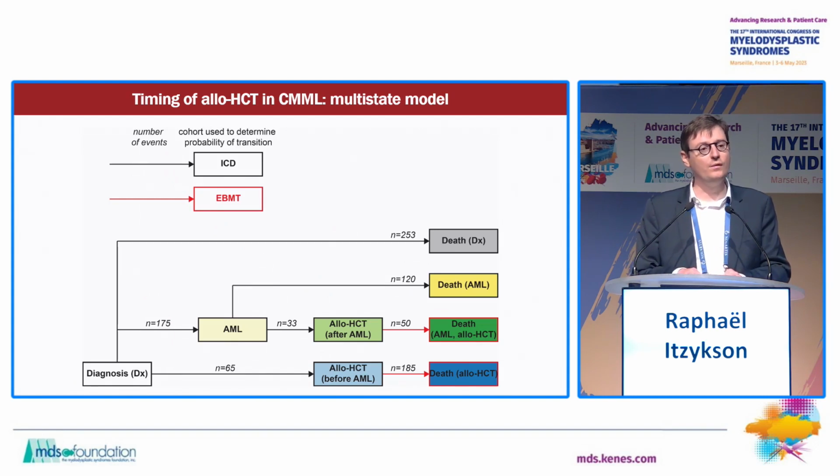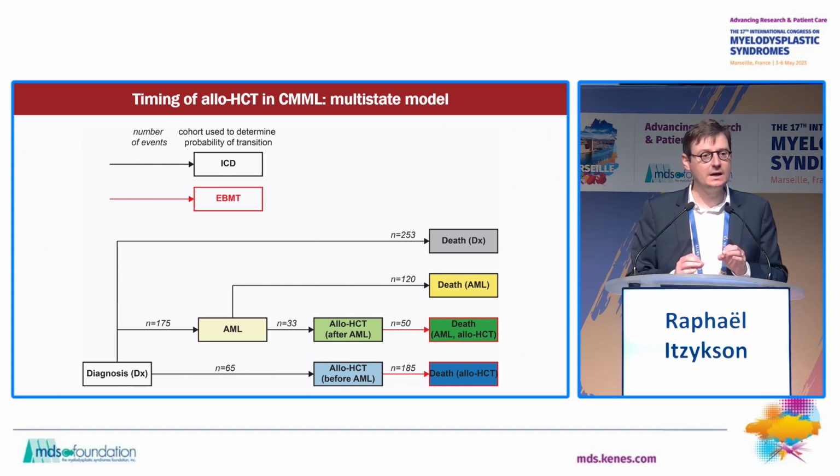So to overcome this limitation, our very clever collaborators in the stats department of EBMT designed a multi-state model that allows to take into consideration all outcome data of all patients regardless of timing.